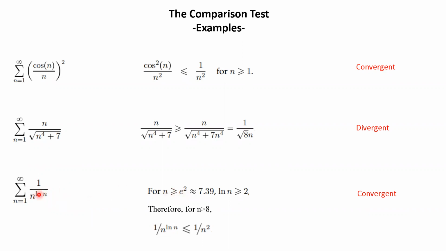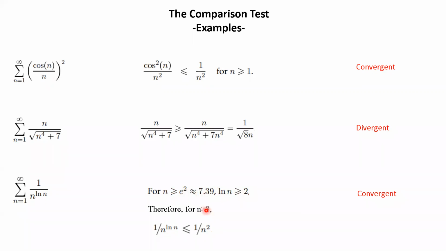This index will be getting greater and greater. You can see that if n is greater than e squared, where n of course has to be an integer, which is 7 point something, then the log of n will be greater than or equal to 2. The smallest integer that is greater than 7.39 is of course 8.